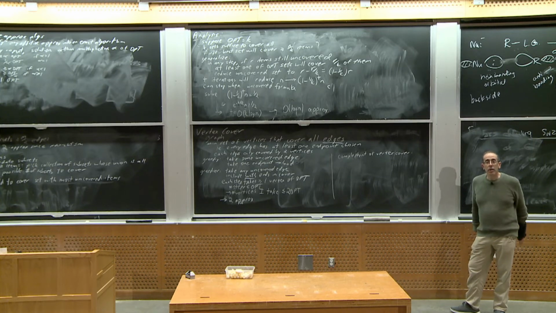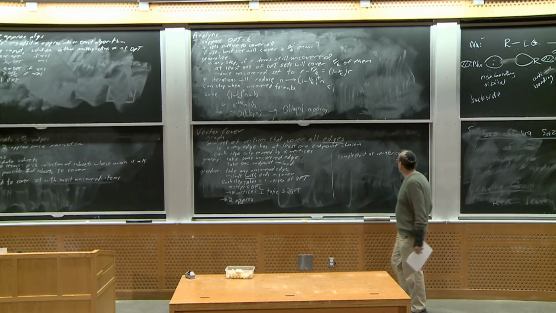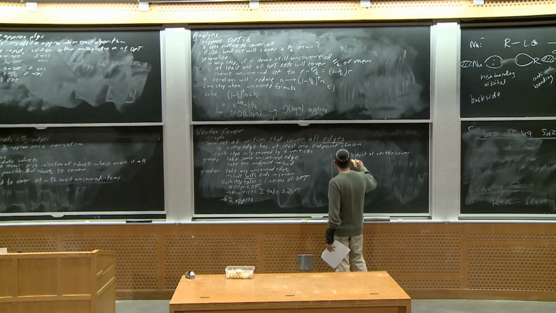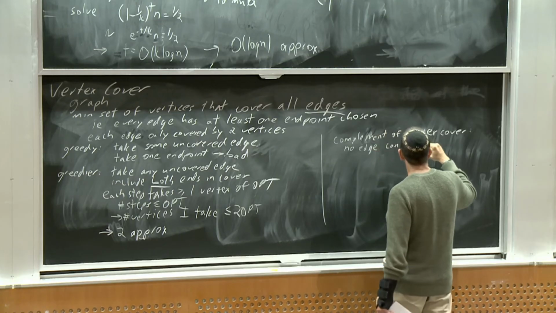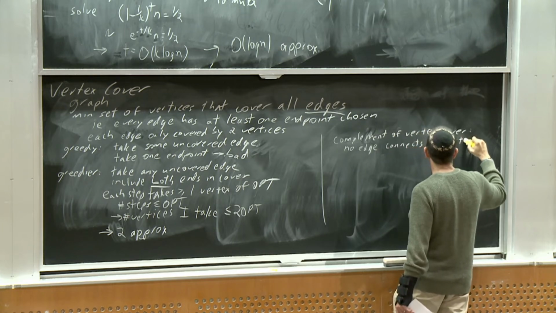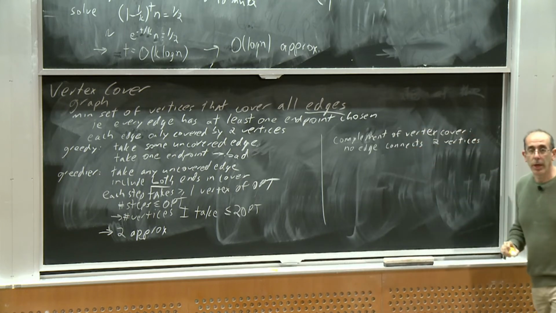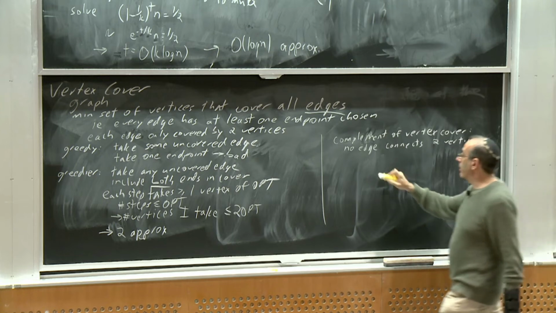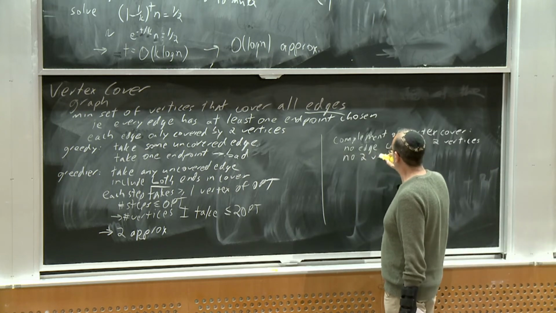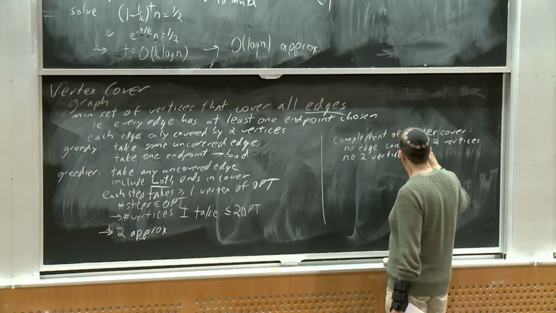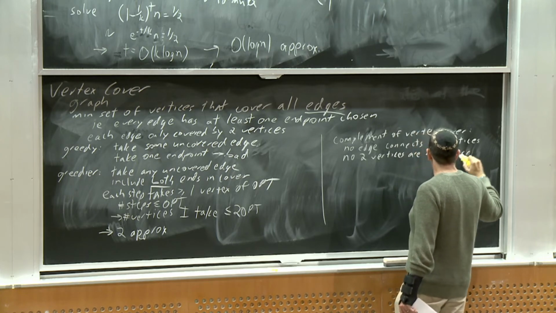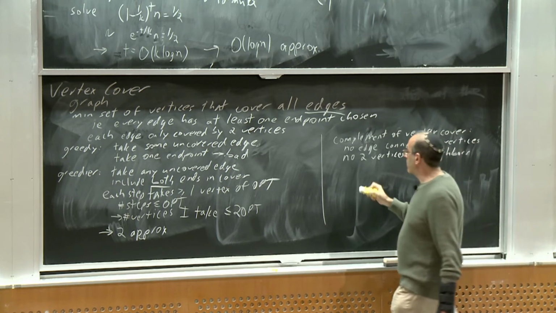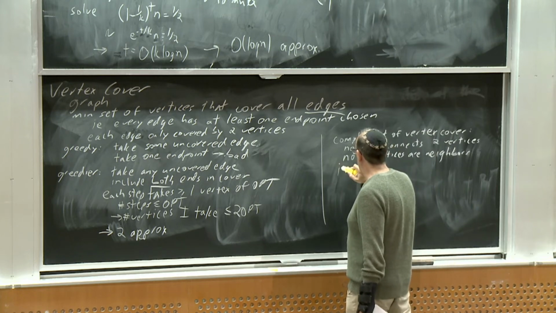Yeah? Exactly. No edge connects two of these vertices. Okay. No two vertices are neighbors. Okay. And this is what is known as an independent set.